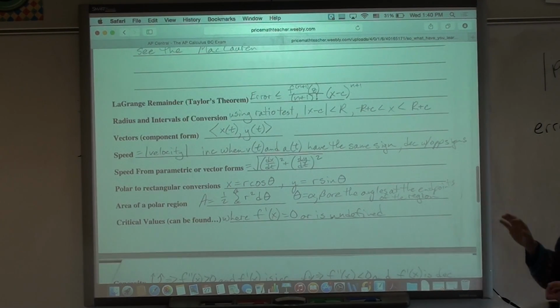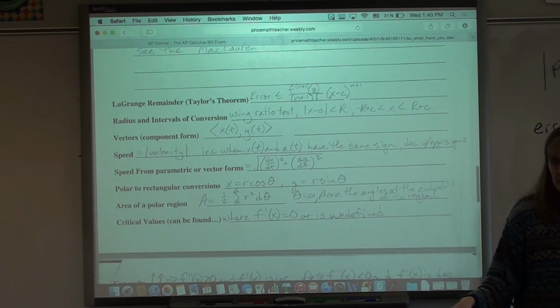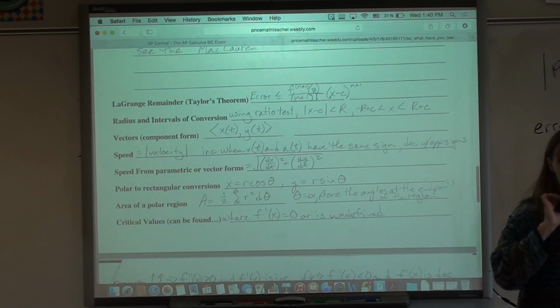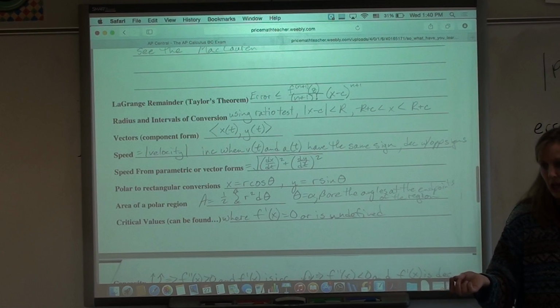All right, good question. Radius and interval of convergence. On one of your weekly quizzes, there was a question that asked you to write the interval of convergence for some series. Some of you used the geometric series test to find your interval of convergence. You got the answer right, but you lost points because you didn't use the correct test.